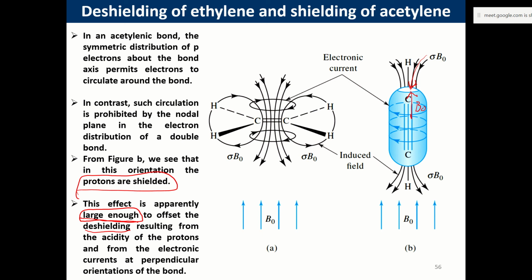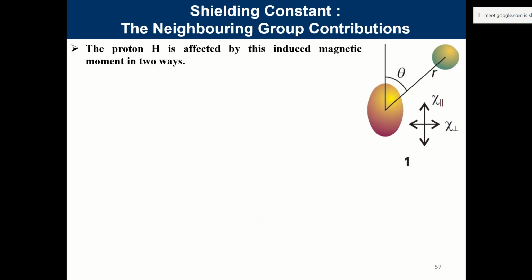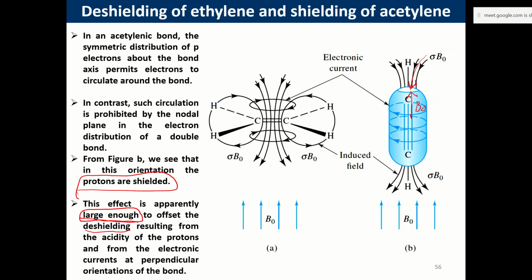So for methyl, acetylene and ethylene, the chemical shift values of the protons will be totally different. This is a very contrasting nature that we have just discussed: in one case you have a highly shielded proton, in another case highly de-shielded protons.